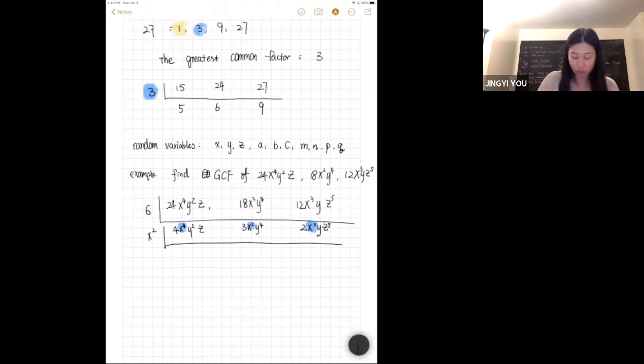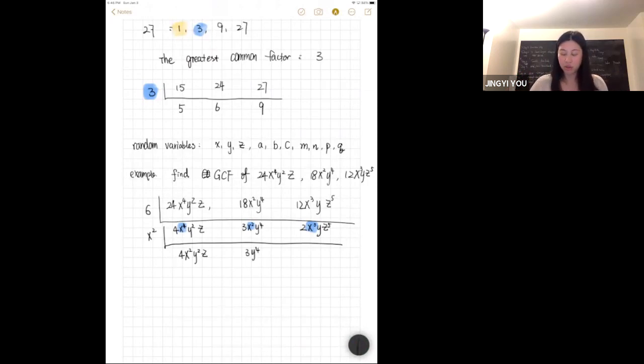So 4x to the 4th, y squared, z divided by x squared: what remains? We have x squared remaining, and y squared and z. Then 3x squared y to the 4th divided by x squared leaves 3y to the 4th.